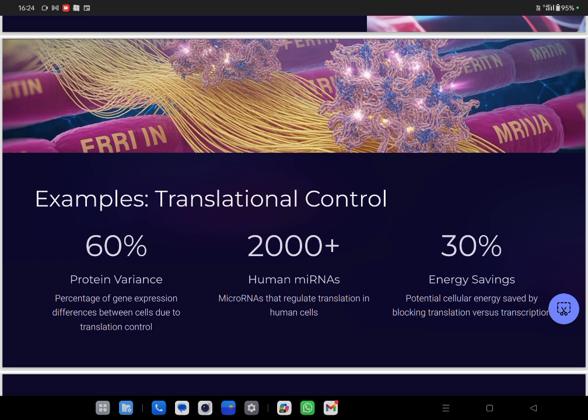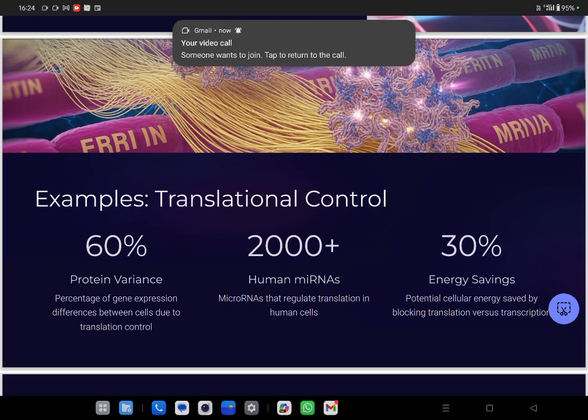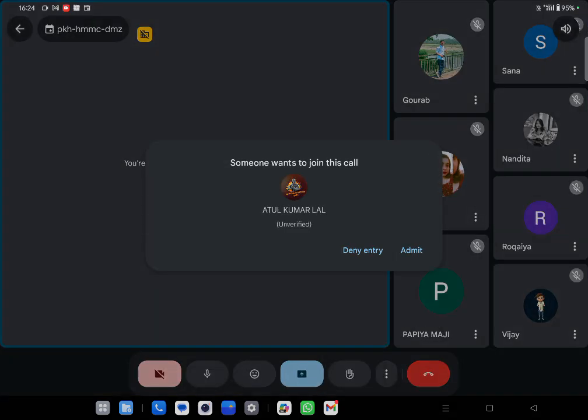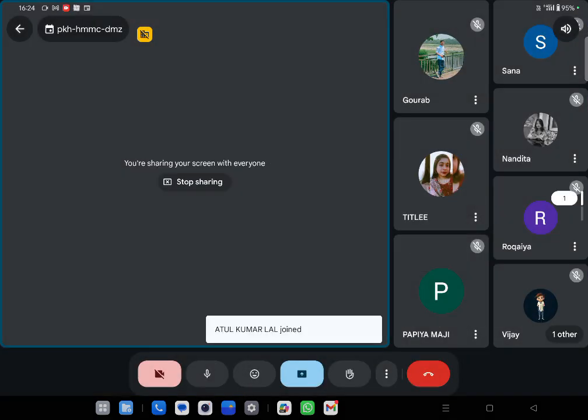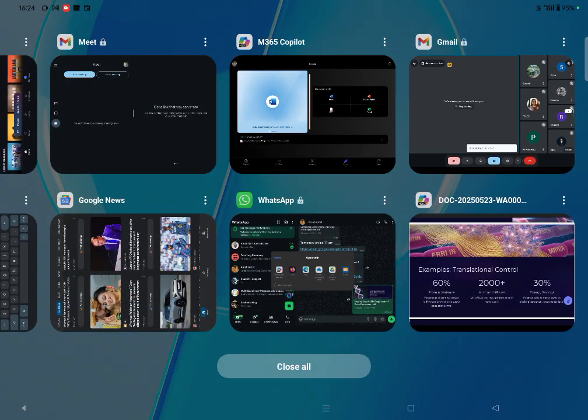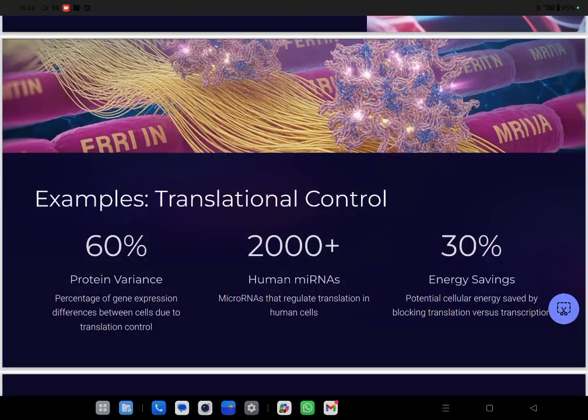There are over 2000 human miRNAs, microRNAs, which regulate translation in human cells. And there is 30% energy savings: potential cellular energy is saved by blocking translation versus transcription.